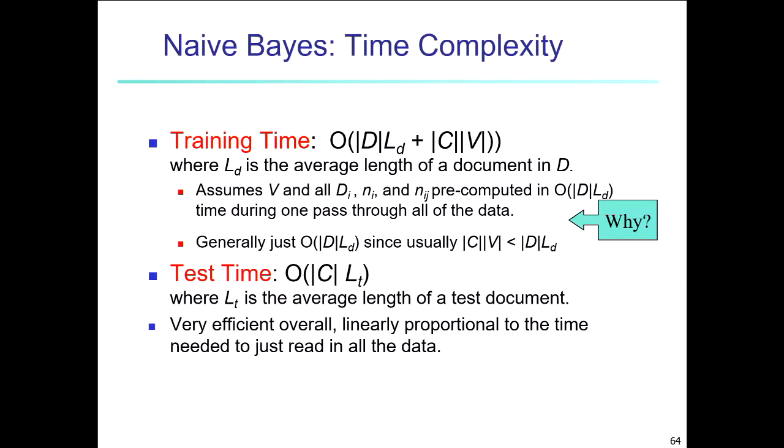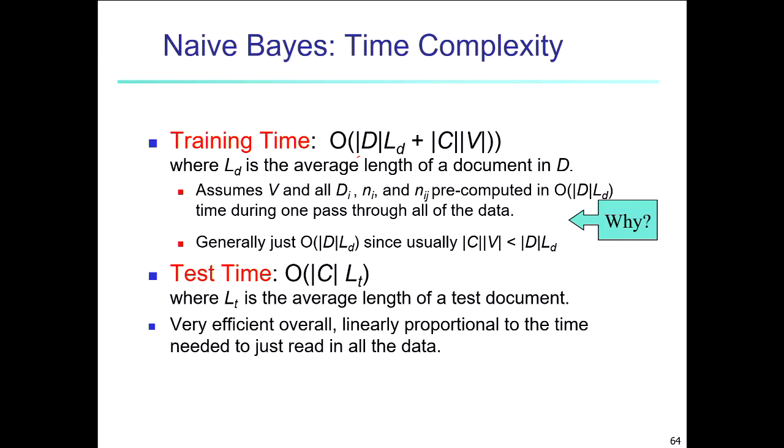So the training time complexity contains two parts. Sorry, the LD is the average length of a document in D, where D is the corpus. So D times LD is when you compute the frequency and get the vocabulary. You can do them in one round.